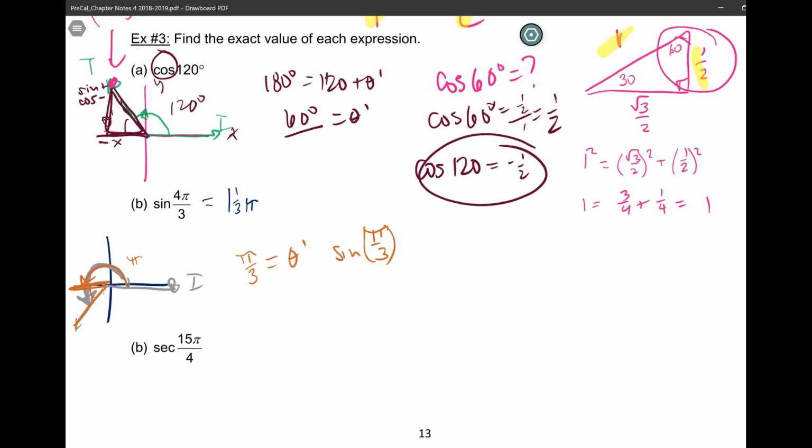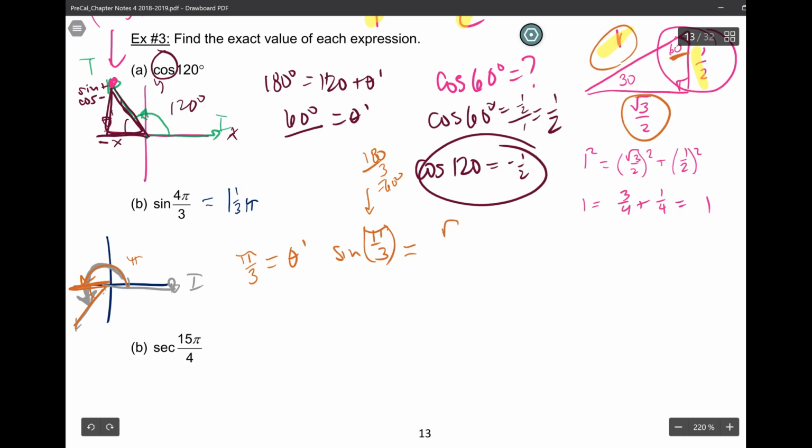Lucky for me, I've already drawn the triangle for this, because pi over 3 is 180 over 3, so that's 60 degrees. So I'm using my 60-degree angle, except this time I'm using sine. So that's opposite over hypotenuse. So the opposite is square root of 3 over 2, over 1. So this just gives me square root of 3 over 2.